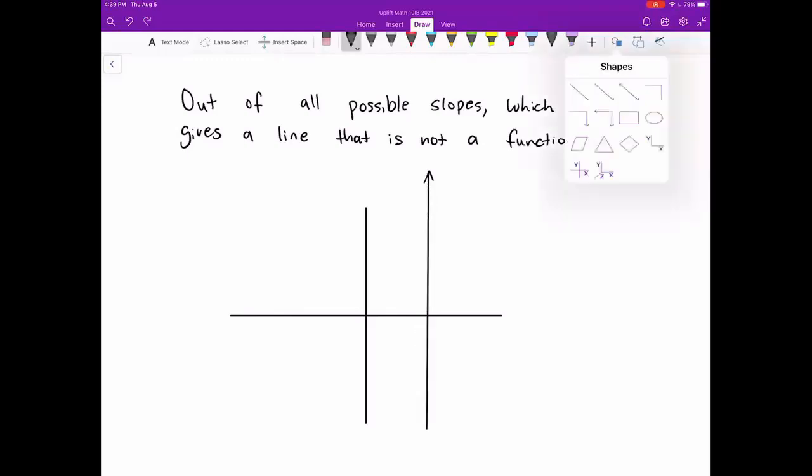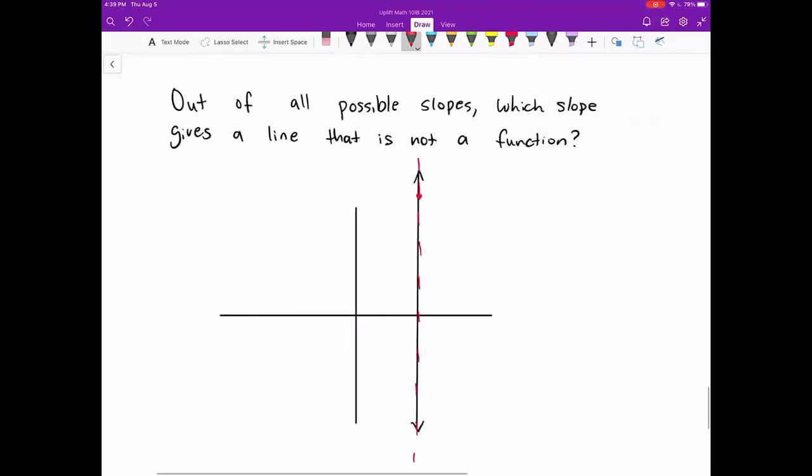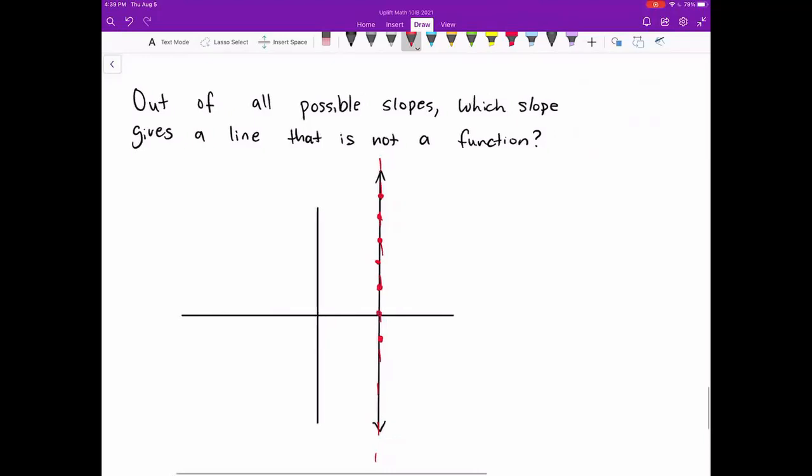So an undefined slope is not a function. Or we could say infinity or negative infinity. It crosses at every single point on this line. This line failed the vertical line test really badly.